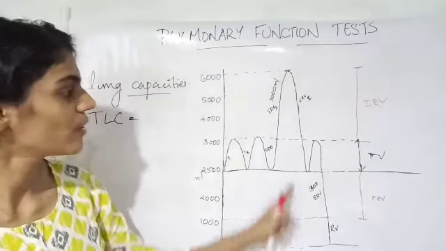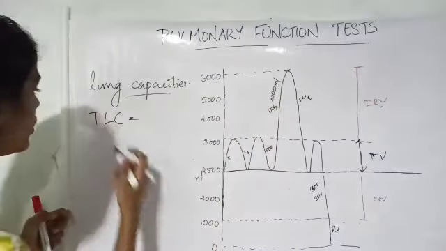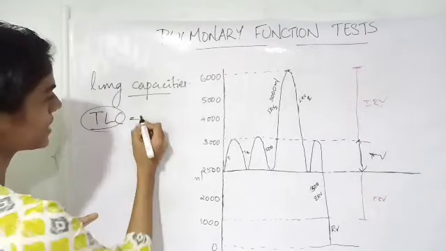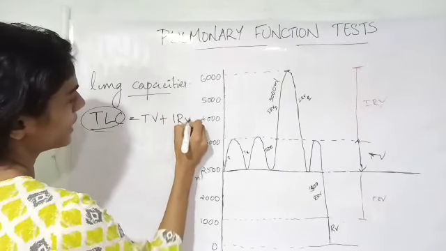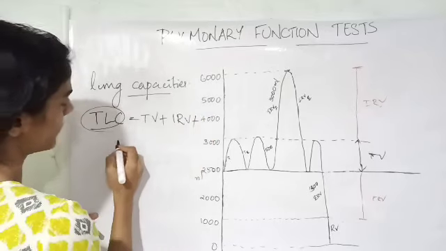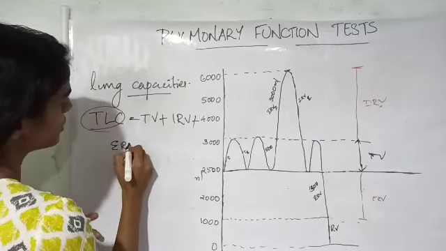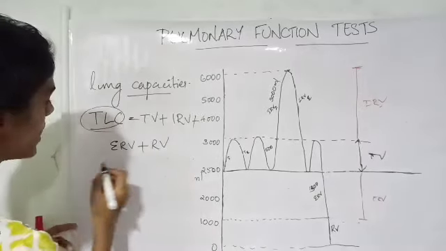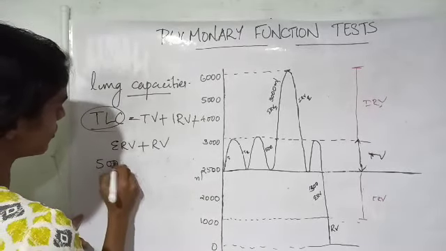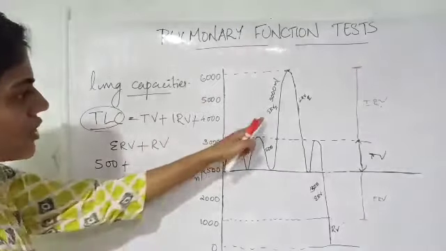So we can say that total lung capacity equals tidal volume plus inspiratory reserve volume plus expiratory reserve volume plus residual volume. What is tidal volume? It is 500. What is IRV, inspiratory reserve volume?